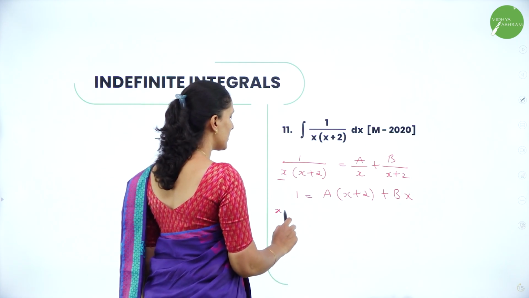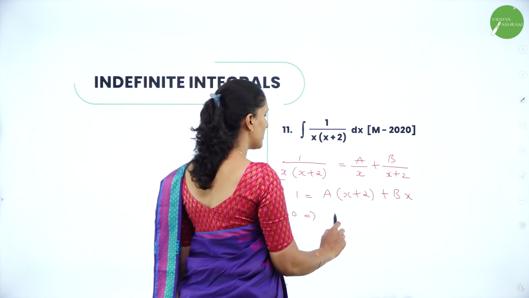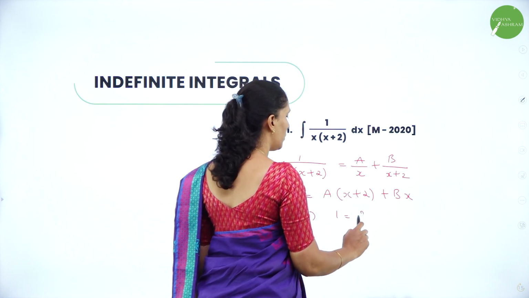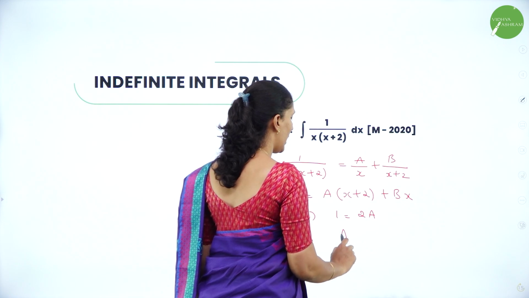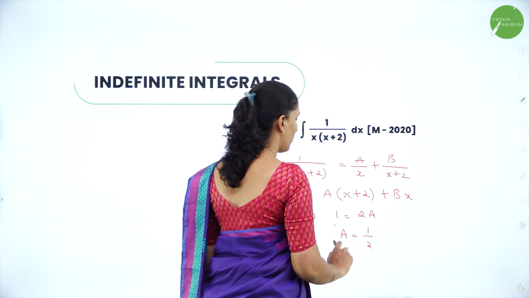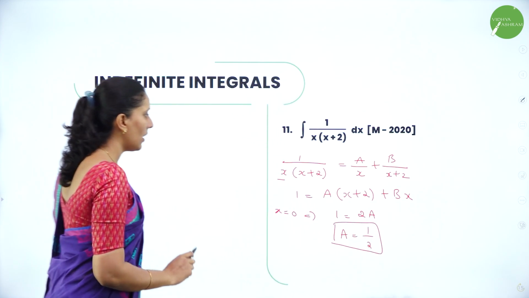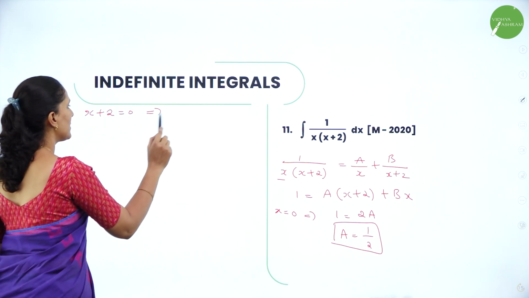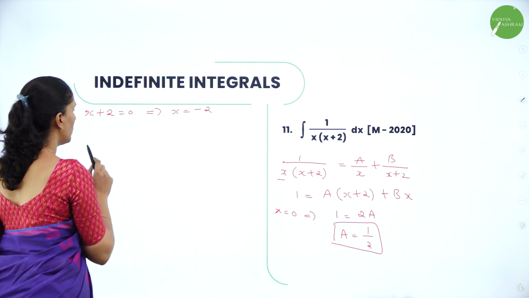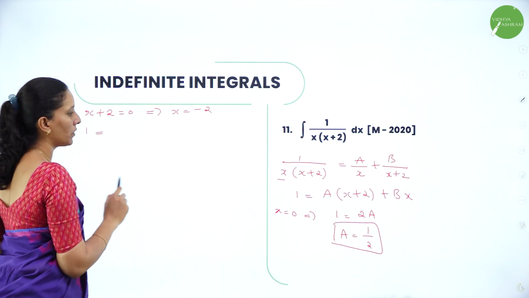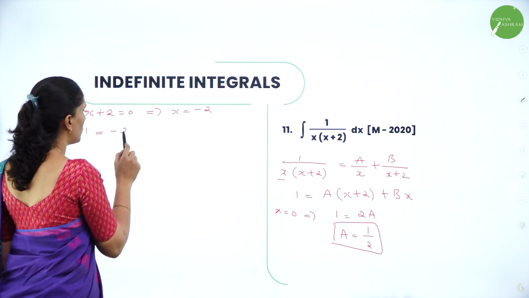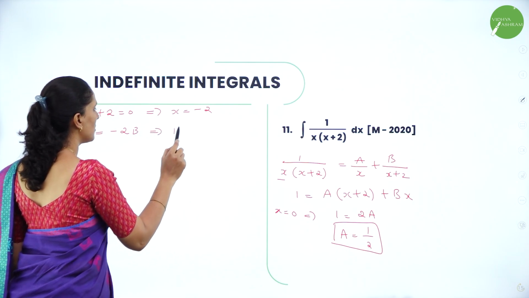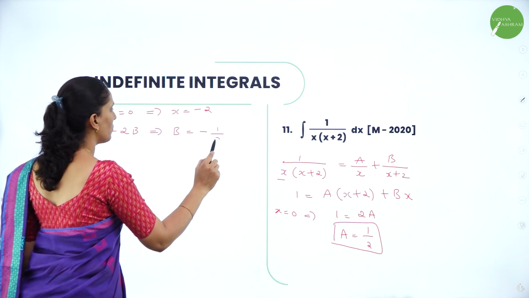So if you take x equal to 0, then this implies 1 is equal to 2a. So a is equal to 1 by 2. Similarly, if we take x plus 2 as 0, this implies x is equal to minus 2. We'll get 1 is equal to minus 2b. So this implies b is equal to minus 1 by 2.